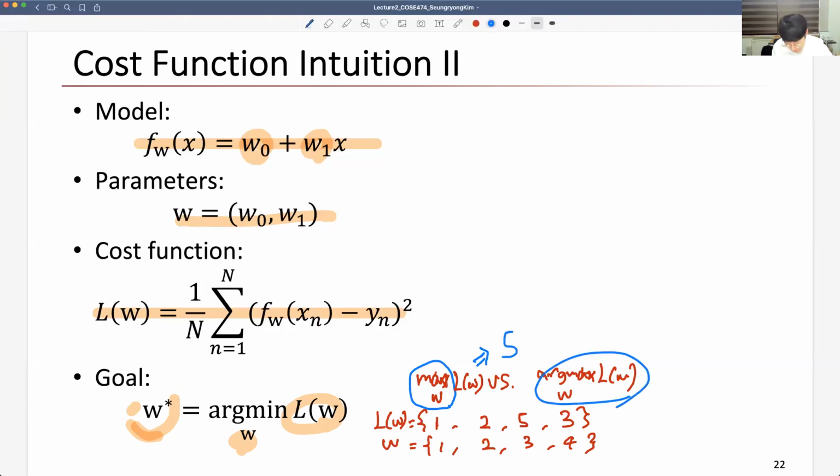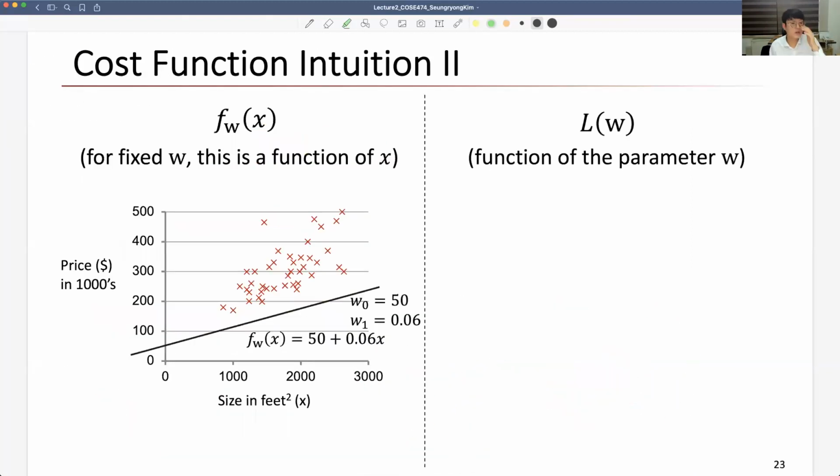What about this? What is the value of W that makes the maximum, that makes the loss function maximum? 3, right? So please think about this one.